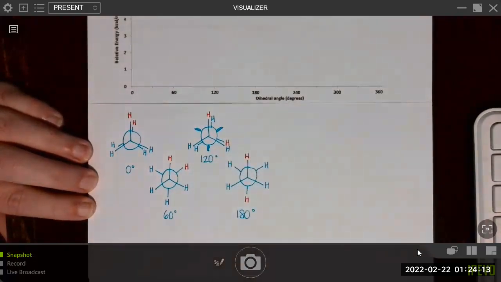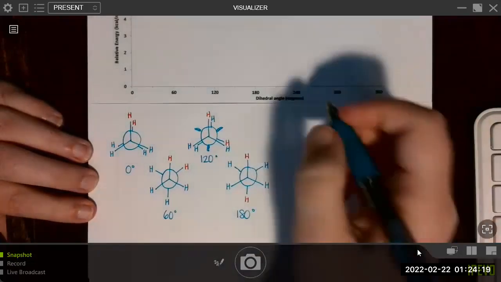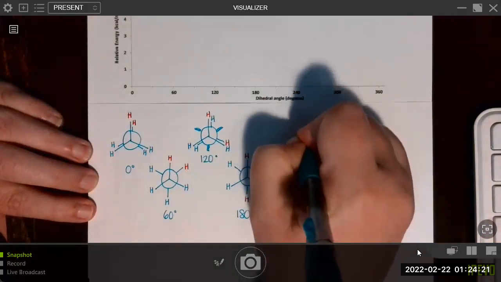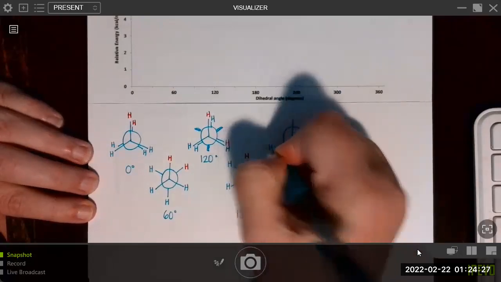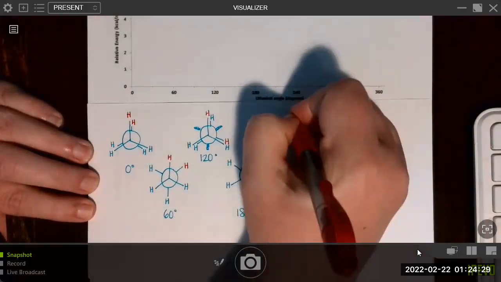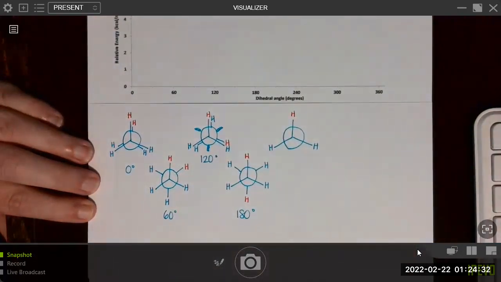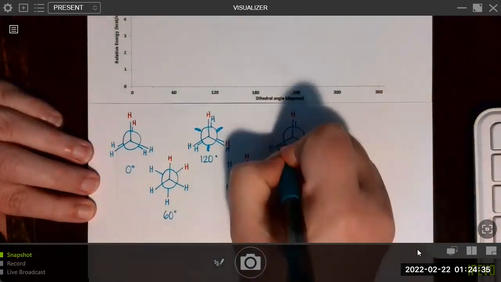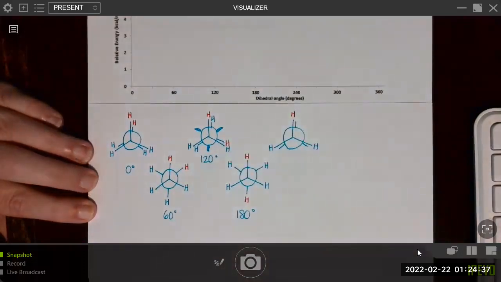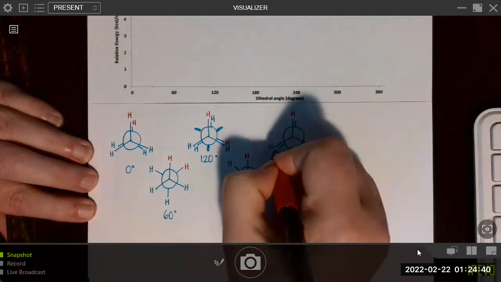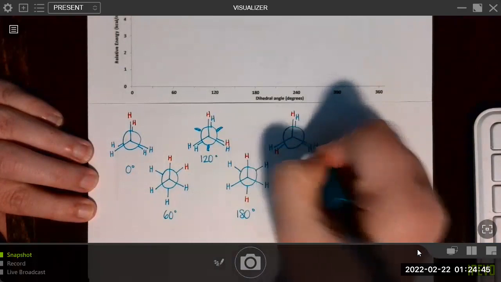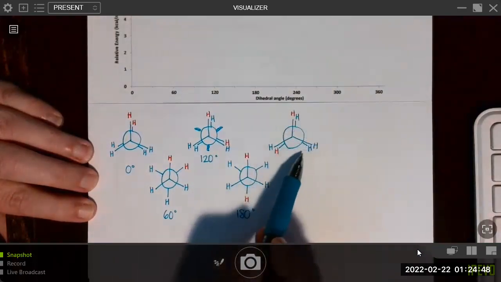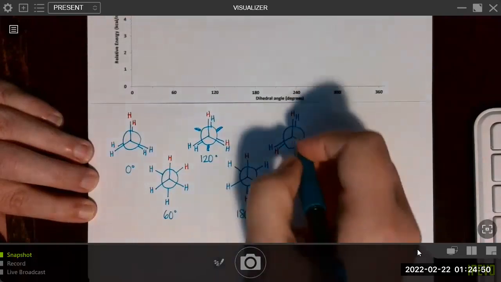And we can just keep going with that, right? We can move it on up to 240 degrees. Drawing that front carbon again the same, and then we will be at an eclipsed conformation. That red hydrogen will move over here, and then the other two are blue. So now measuring in this direction, that would be 240 degrees.